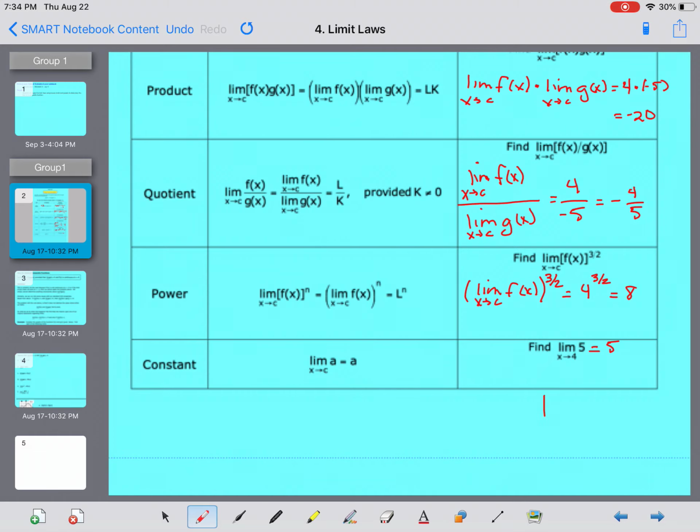And if we think about this in the graphical sense, which is where we've been at for the last couple days, if we graphed f of x equal to 5, we get that horizontal line at 5. So let's say that's 5. Every y value along that line is going to give us back 5. So no matter what x value we approach, no matter where we approach it from, we're always going to get that constant value back. Okay.